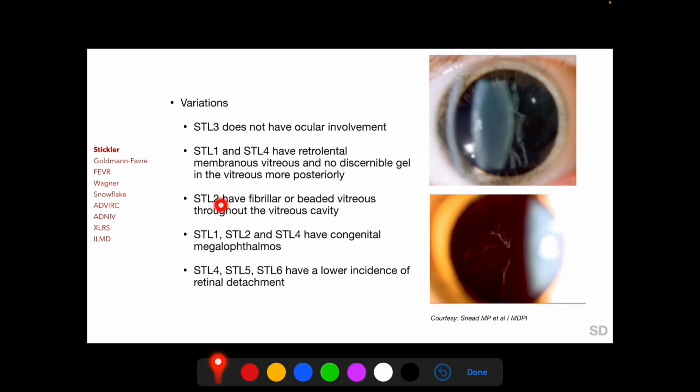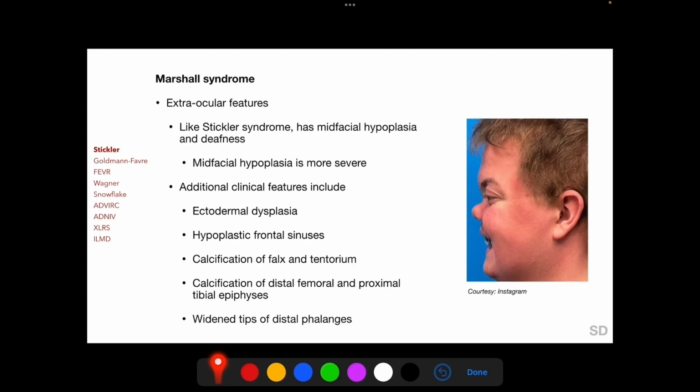Type 2 Stickler syndrome due to mutation in the collagen 11A1 gene has fibrillar or beaded vitreous throughout the vitreous cavity as seen here in this clinical photograph, and Stickler syndrome 4, 5, and 6 due to mutations in collagen 9 genes have a lower incidence of retinal detachment.